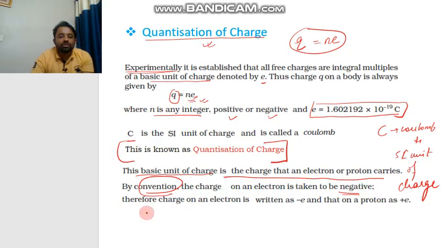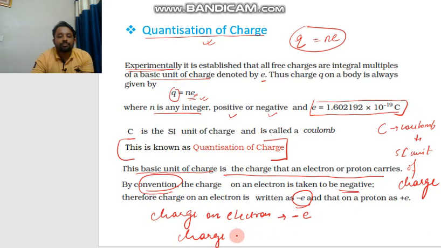So charge on electron will be written as minus e, while charge on proton is plus e.